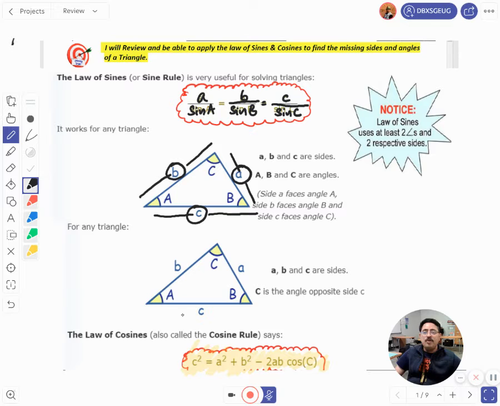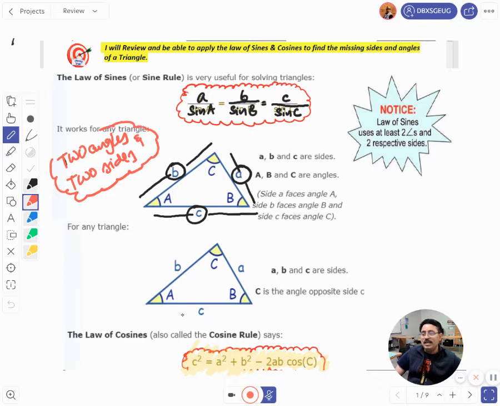One important point, listen carefully: if you are given two angles and two sides, if the question is related to these four aspects, that is two angles and two sides, then we use sine.